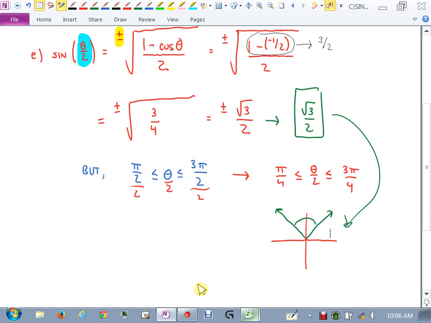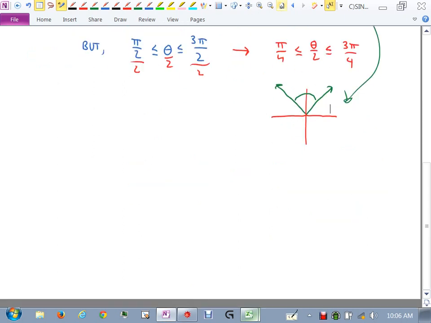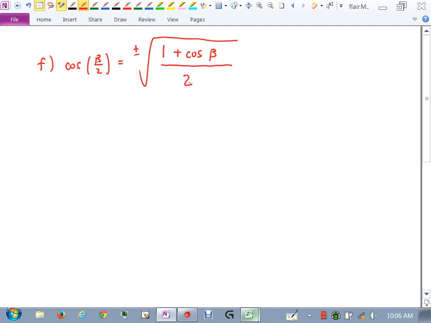How would you do cosine beta over 2? Pretty much the same thing, right? Do you want me to do that one? I don't mind, or I can give you something else. Okay. Cosine beta over 2. This is F. Cosine beta over 2 will be plus or minus the square root of 1 plus cosine beta all over 2.